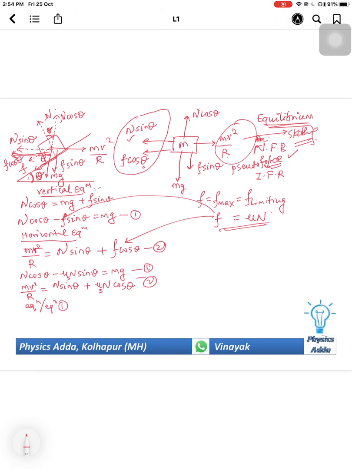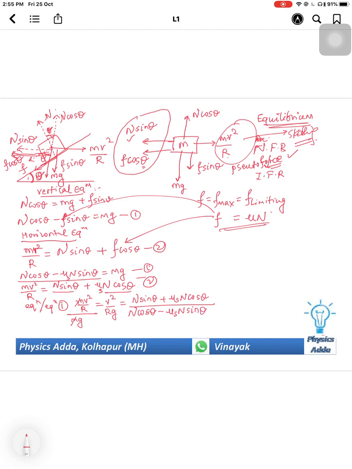What I'll be getting? mv square by r divided by mg is equal to, m gets cancelled, v square by rg is equal to n sin theta plus mu s n cos theta divided by n cos theta minus mu s into n sin theta.